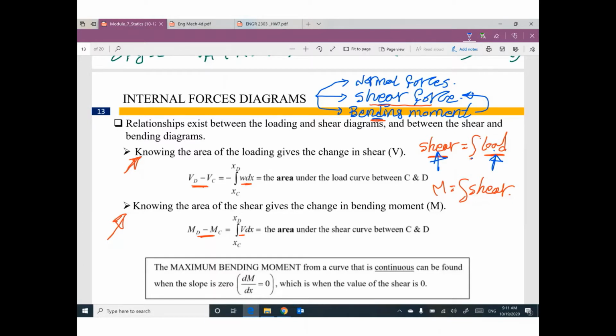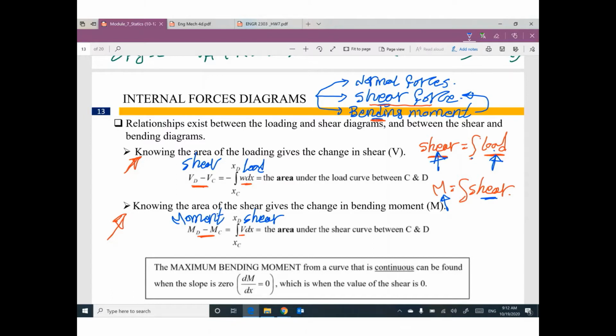Once you figured out the shear, I will integrate this shear to figure out the bending moment diagram. So just keep in your mind the relationship between load and shear, the relationship between shear and moment.